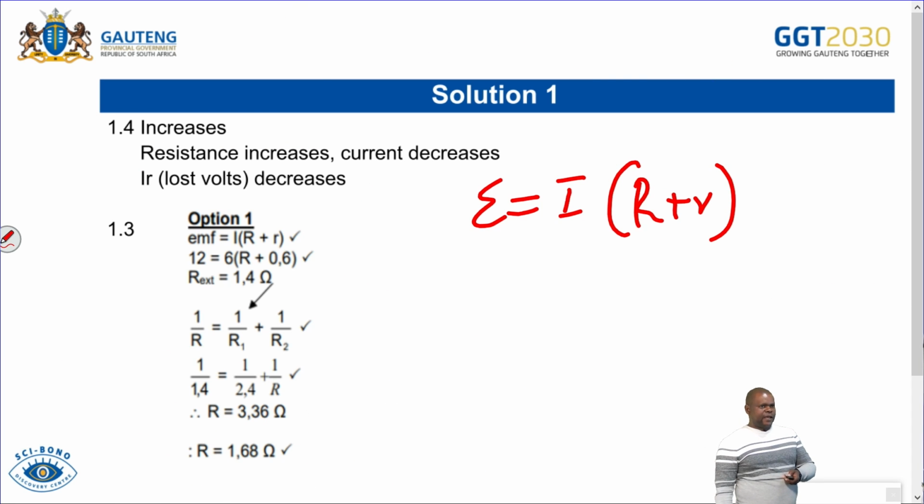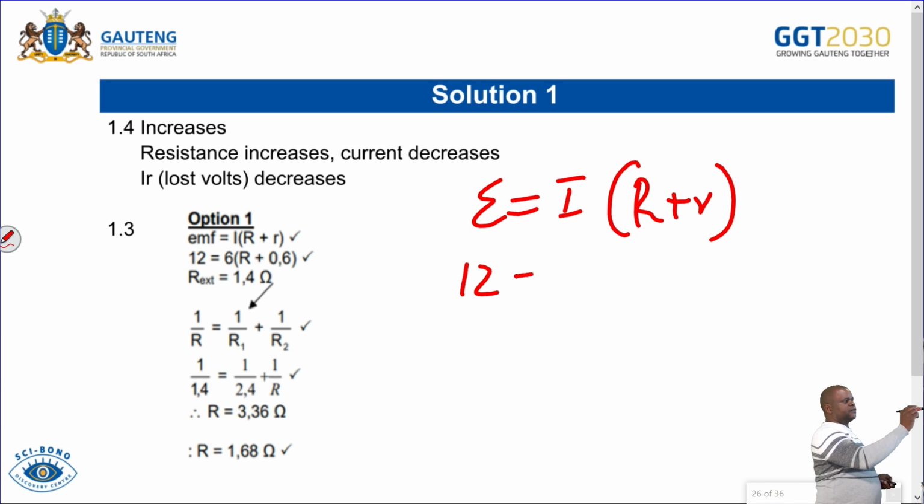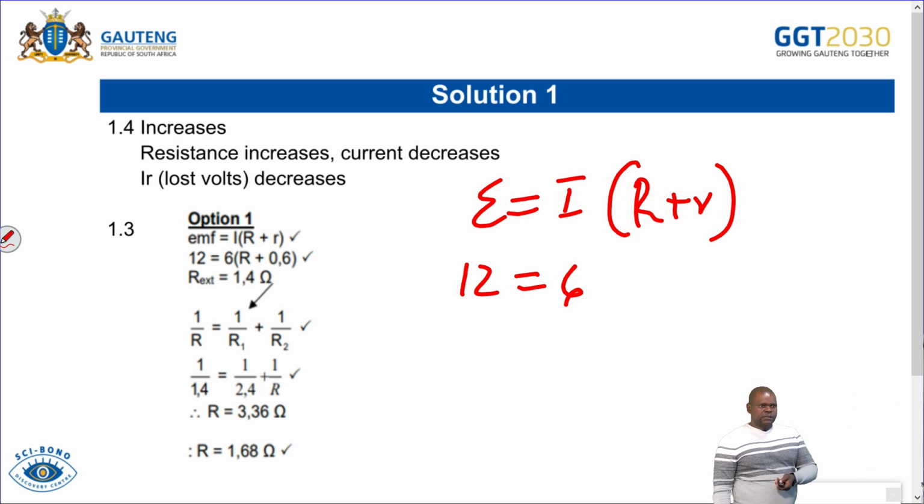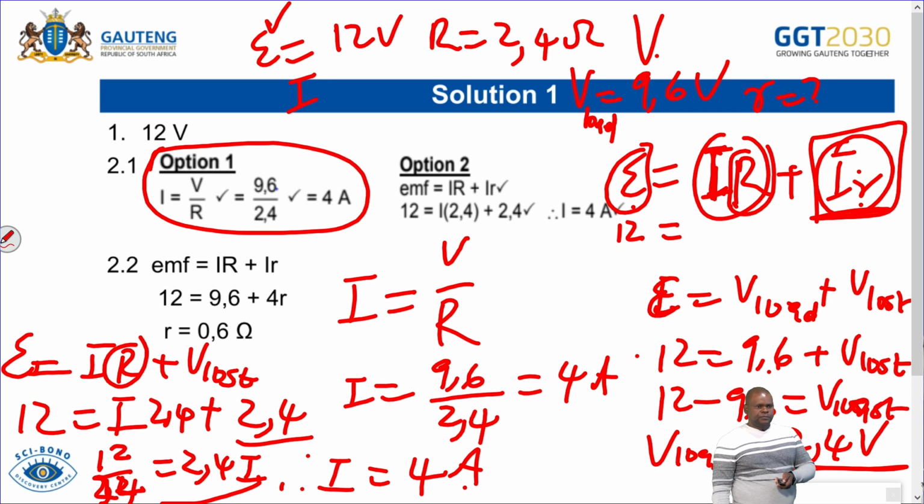Yes, we are fine. What was given here? We know that E is 12, which is equal to what? I is 6. Why 6? Okay, let me see. Let me go back. From here, we found that I is 4.